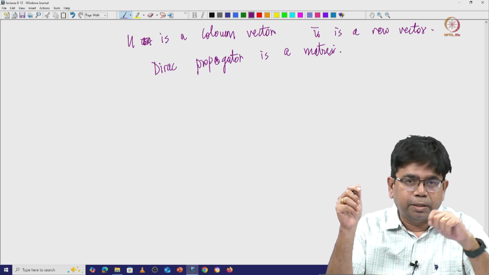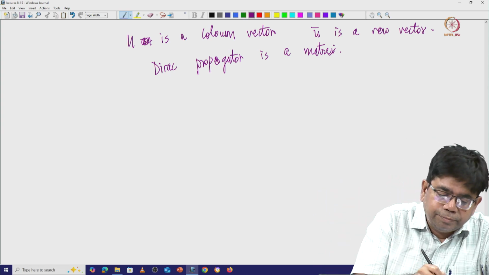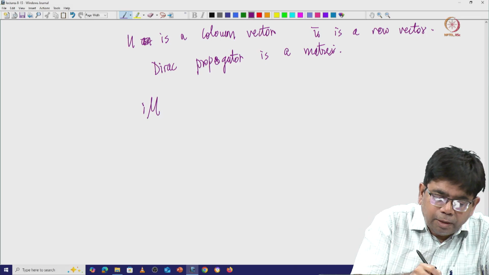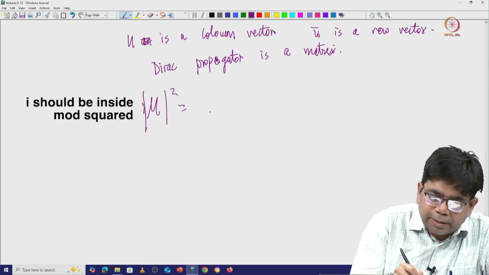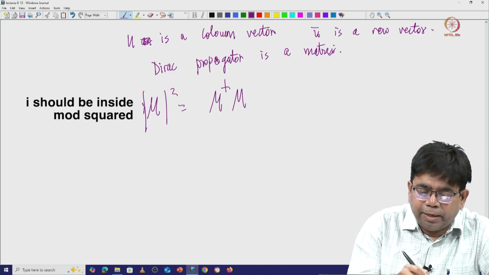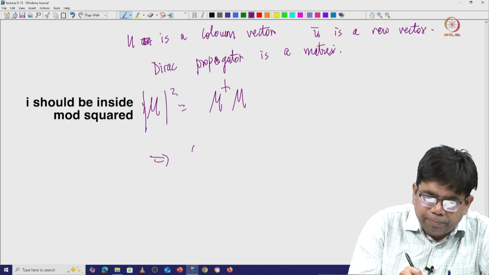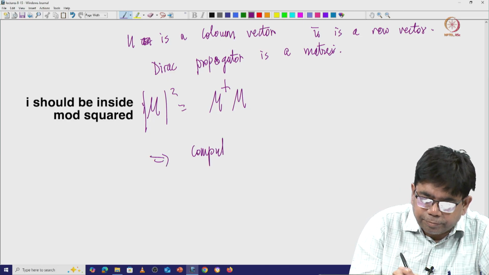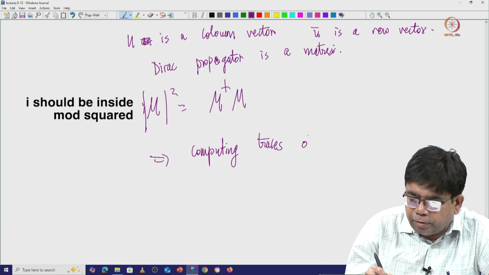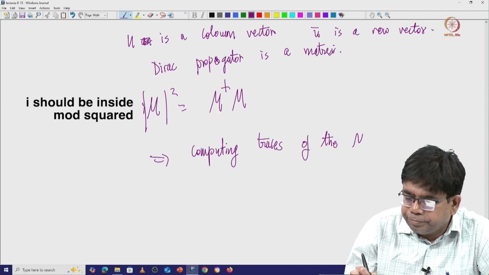When you do this, for a single diagram the mod square of the matrix element is M dagger M. This ends up being equivalent to computing traces of the matrix element.